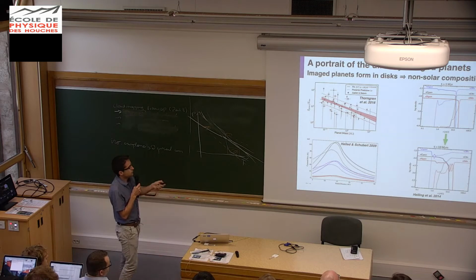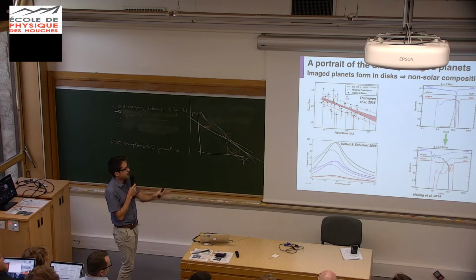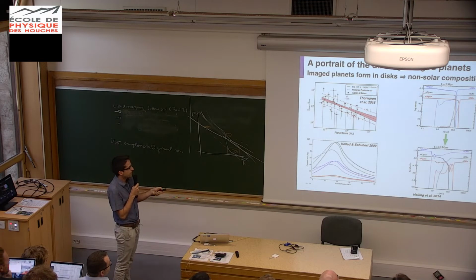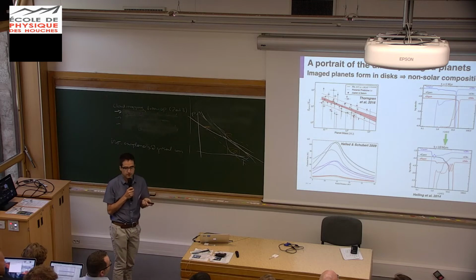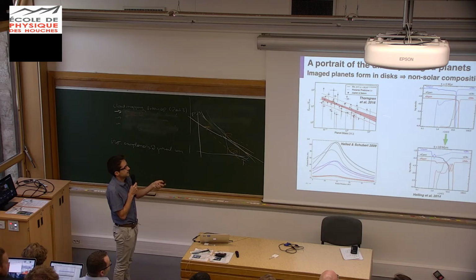So if you look at this plot, you see that if you go from the star to the external part of your system, these curves are showing the abundance of oxygen, carbon, and nitrogen in the midplane of a circumstellar disk, in the gas phase and in the solid phase.